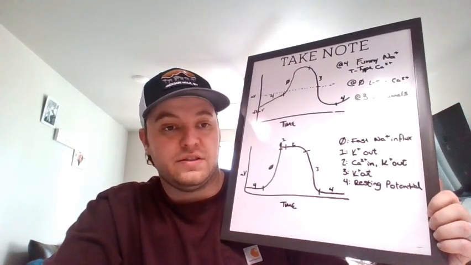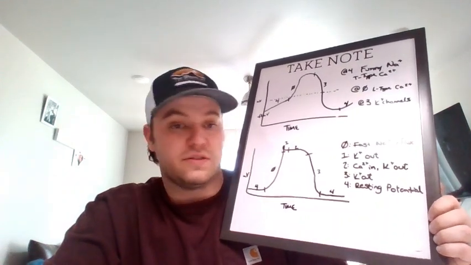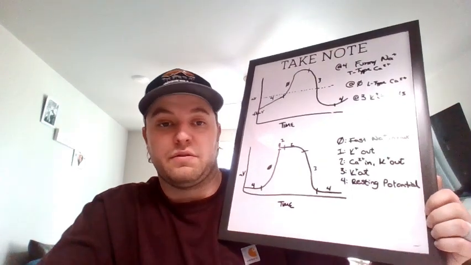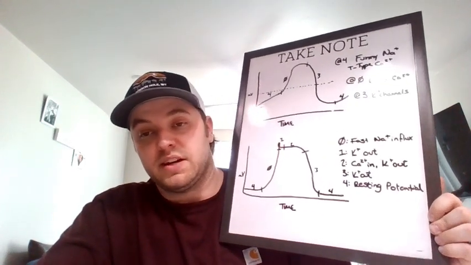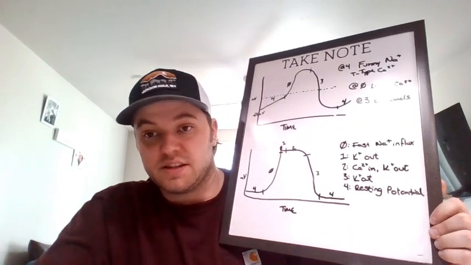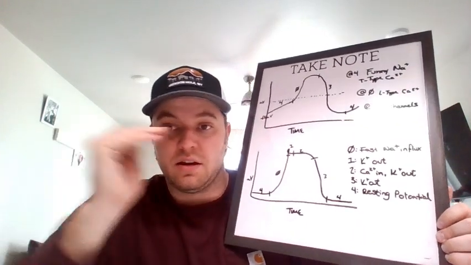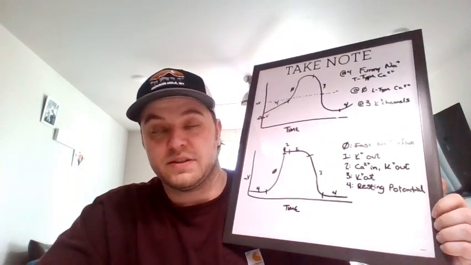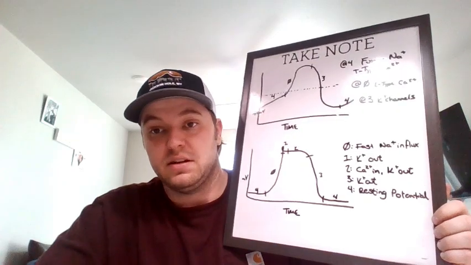And we have phase 2, which is unique because it's a plateau phase. We have calcium entering through L-type calcium channels while potassium is leaving at the same time. So we have that plateau, and this balance keeps the membrane voltage pretty steady.